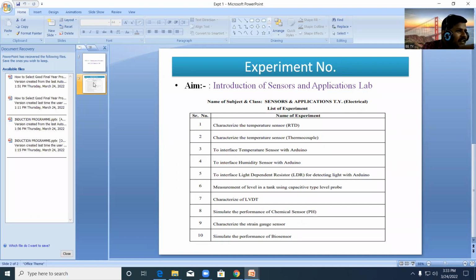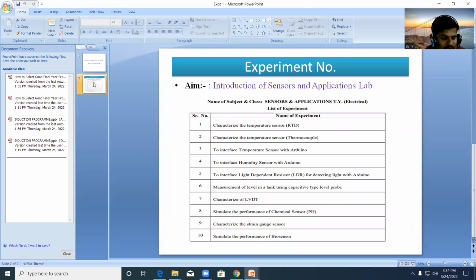So there are two conducting parts with insulation in between, and charge is transferred. In this humidity sensor, the soil acts as a non-conducting material if water content is not present. If water content, that means humidity, is present, it acts like a conducting material. We want to interface that humidity sensor with Arduino.